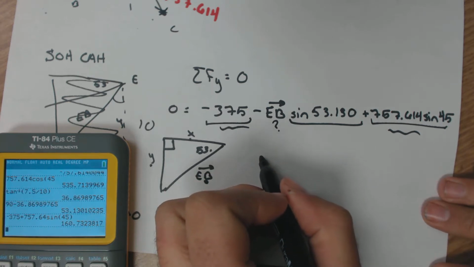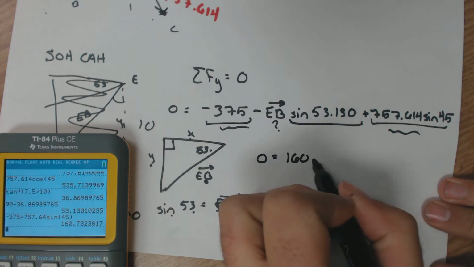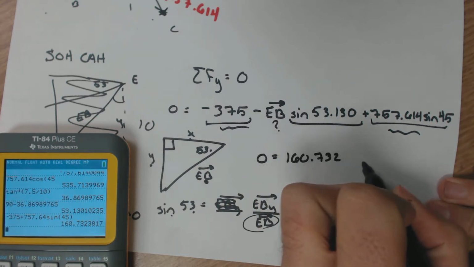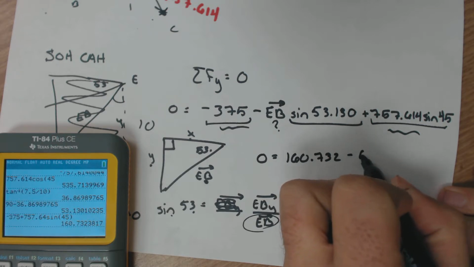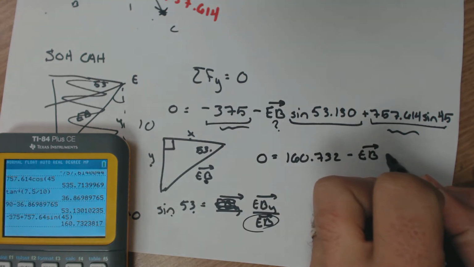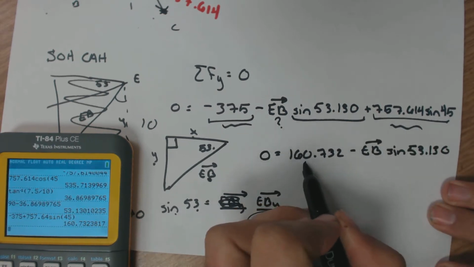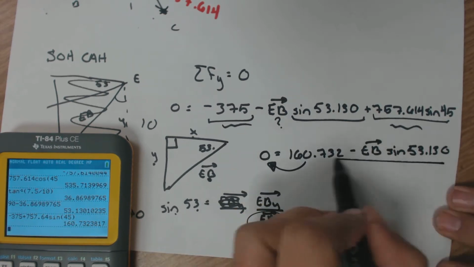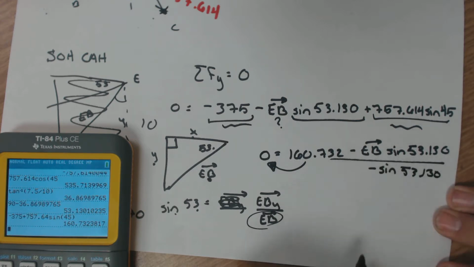I have 0 equals 160.732 minus the vector EB sine 53.130. So I subtract this over and I divide by the negative sine 53.130.